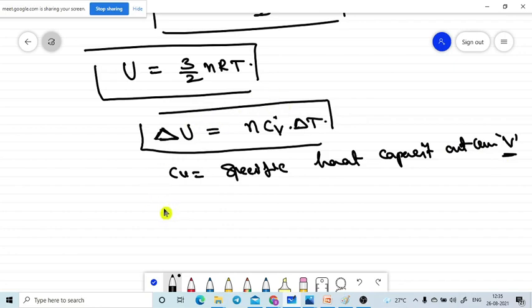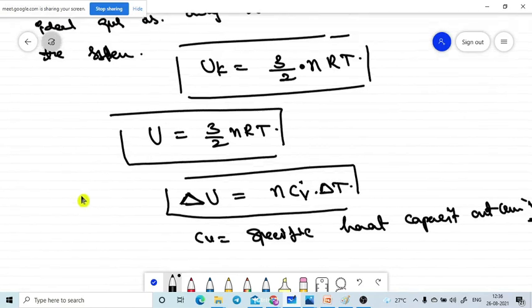So what I told you: the internal energy of the ideal gas system is only kinetic internal energy. But one more point I am introducing here. The total kinetic internal energy of the ideal gas is equal to 3/2 nRT.